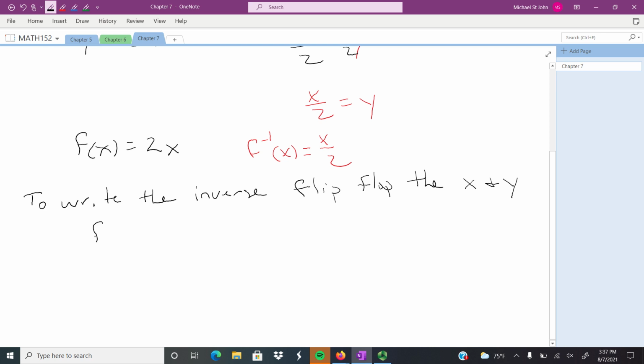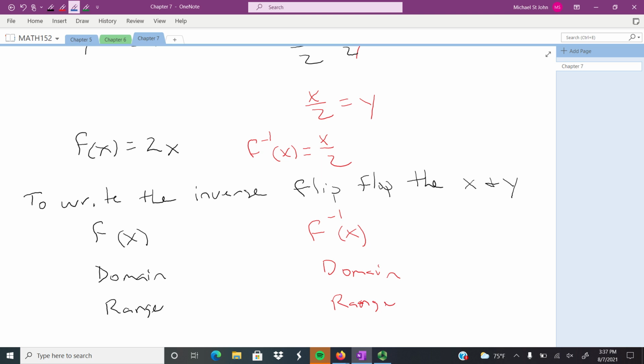What that does is, if I think about f of x and then my inverse, we have our domain and the range for each. The way those work is the domain of f of x becomes the range of the inverse, and the range of f of x becomes the domain of the inverse. So that's inverses and how they work.